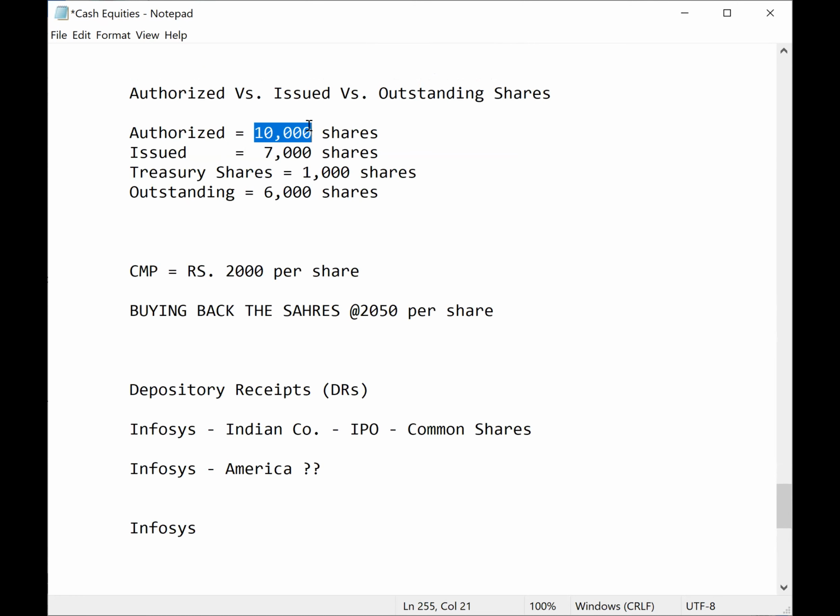Infosys has authorized share capital of 10,000 shares and they have issued 7,000. So 3,000 is still with them, right? They can issue 3,000 more shares.